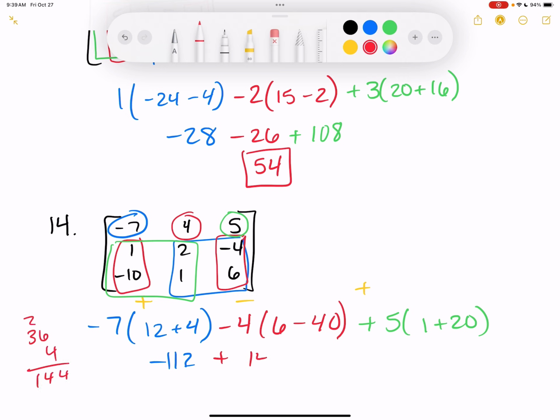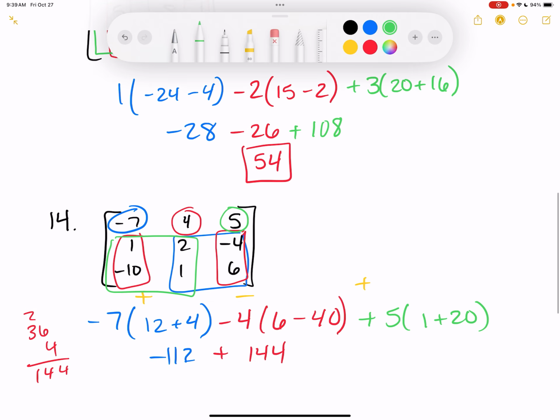Wait, that's 34. Yeah, it's supposed to be -34. Oh, thanks. So definitely, plus 136. Oh, wrong color.